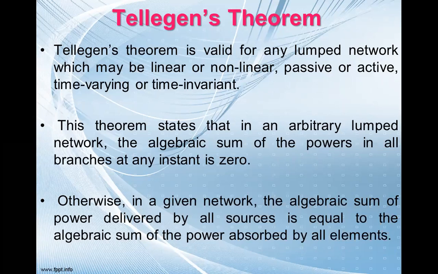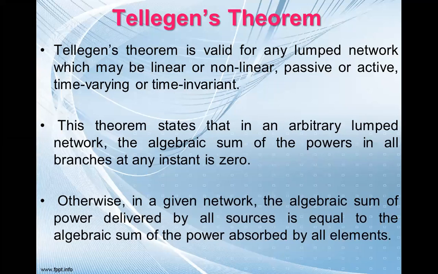There are some elements which will offer the non-linear characteristic. Can anyone please tell one element which is offering the non-linear characteristic? Anyone? Sir, diode. Diode, correct. So diode is the element which is offering the non-linear characteristic.